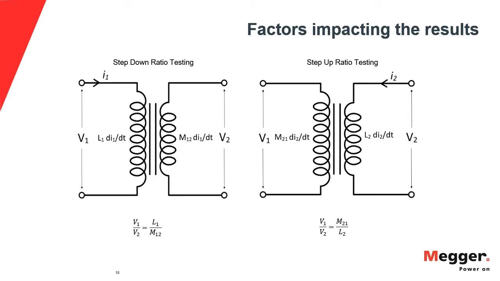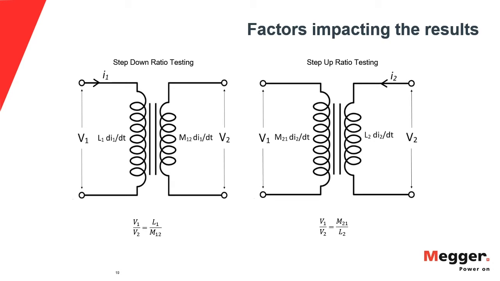I'll show you some examples of how that will result in terms of the ratio error that we get. Also, looking at the mutual inductances in each one of the cases, M12 on the step down technique, M21 on the step up technique.